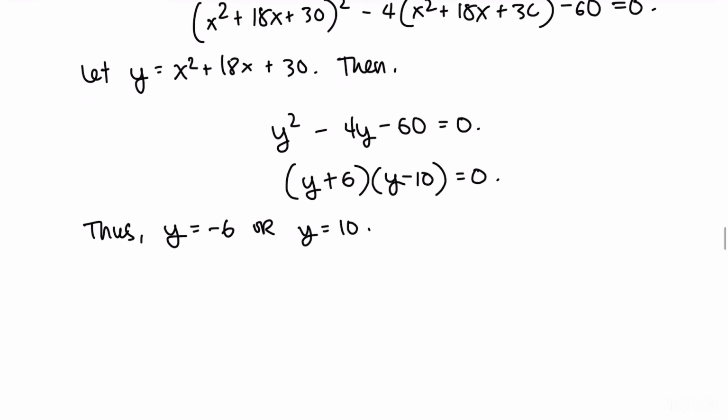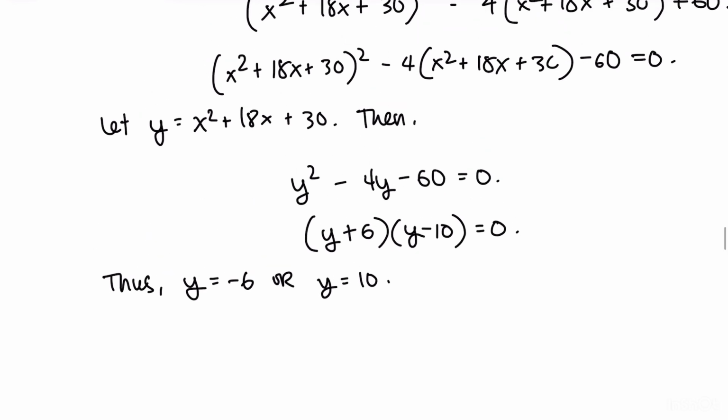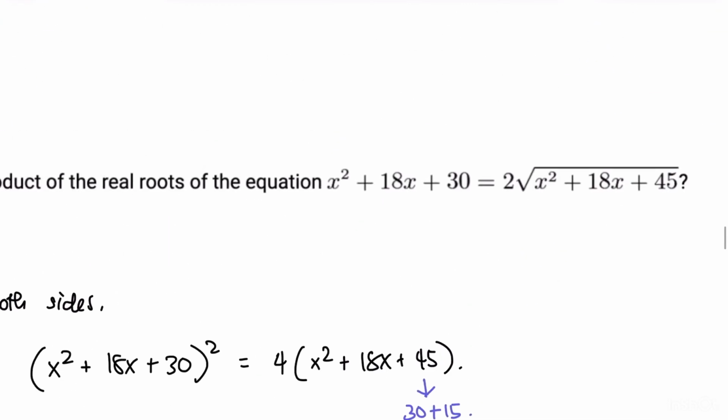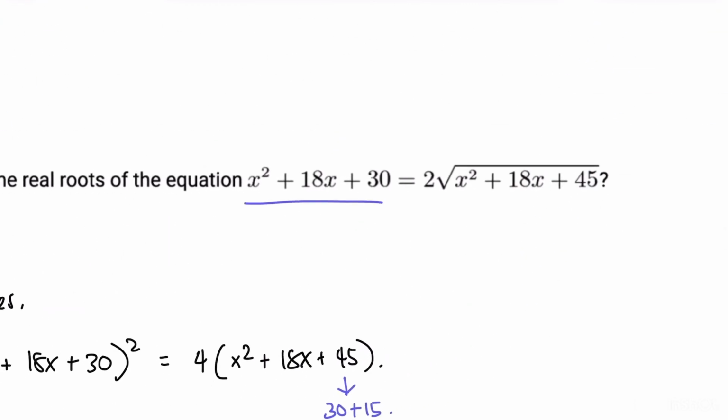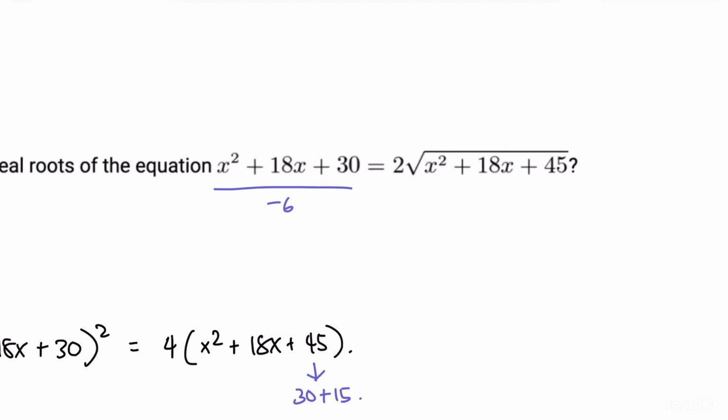However, if we let y equals negative 6 here, and since y is equal to x squared plus 18x plus 30, this left hand side must be negative 6. So this must be negative.